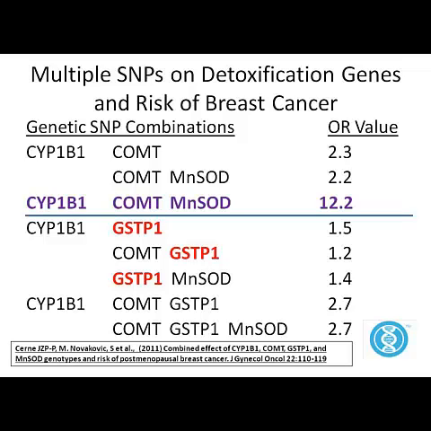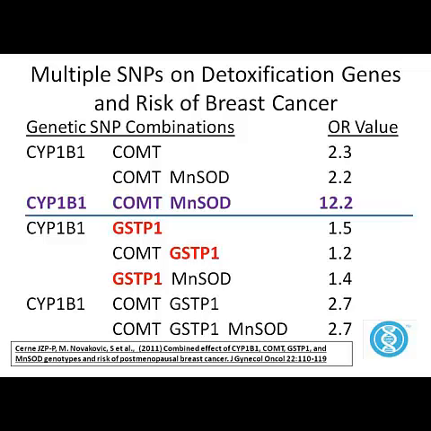Cerny and her colleagues in 2011 described the impact of multiple gene SNPs within the estrogen detoxification pathway on ER-positive breast cancer risk among postmenopausal women. More than a 12-fold increase in breast cancer risk was observed when a woman had SNPs on CYP1B1, COMT, and MNSOD.